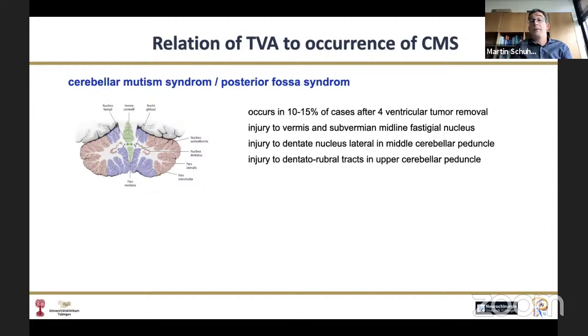And there are several theories. There is even a posterior fossa society in pediatric neurosurgery, which is busy with that problem because it's not well understood.